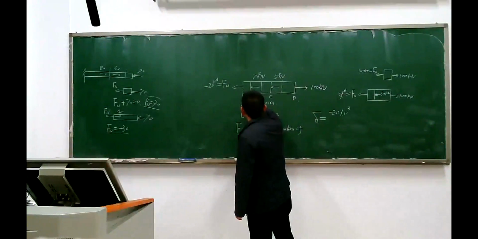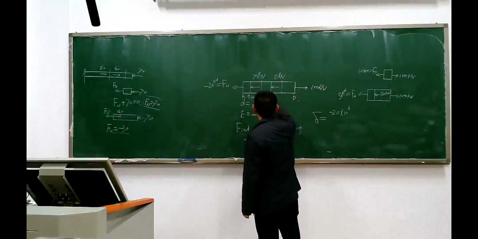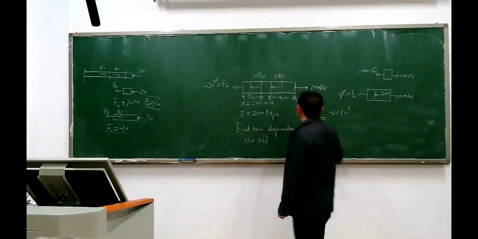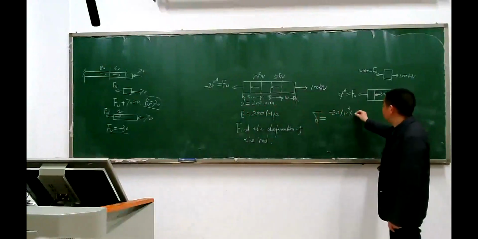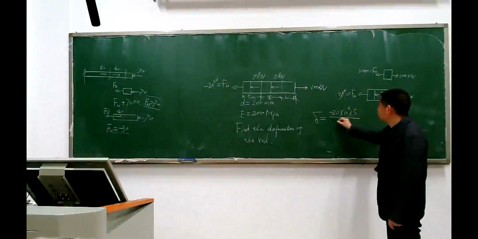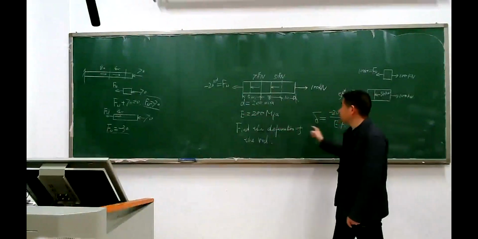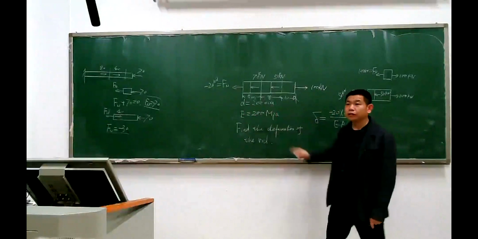Suppose it's 5 meter, 8 meter, 10 meter. It's FL over EA, plus the same for the others. How to get A?